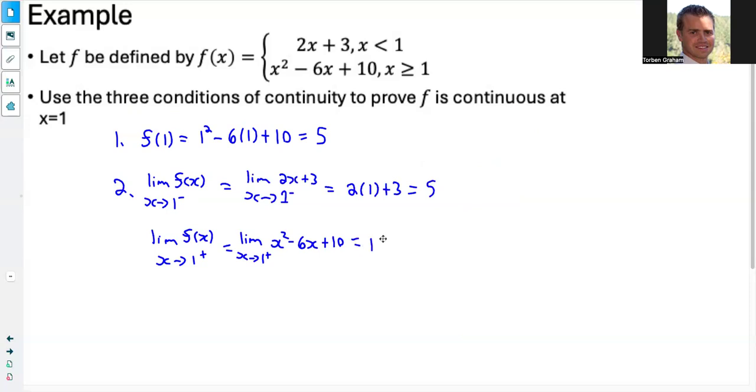So that would be 1 squared minus 6 times 1 plus 10, which gives us 5. So this limit does exist. We can say our limit of f of x as x approaches 1 is equal to 5.